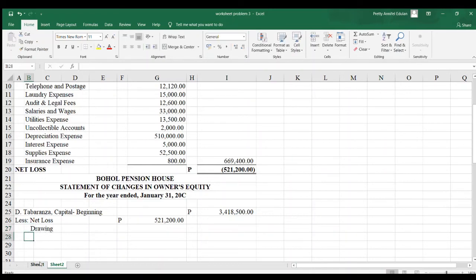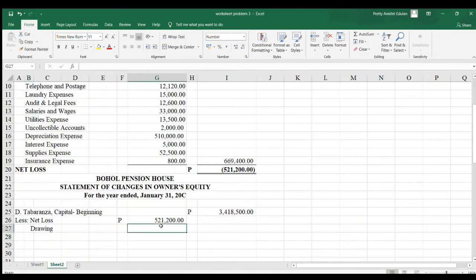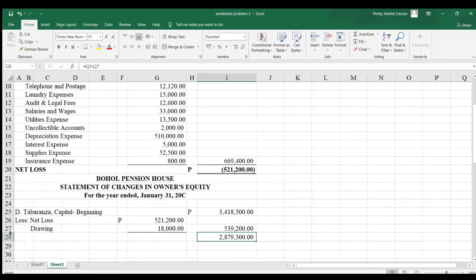So how much is drawing? 18,000. So you will get the total. Then it is subtraction. So this is the total capital. So the Tabaransa capital, ending.